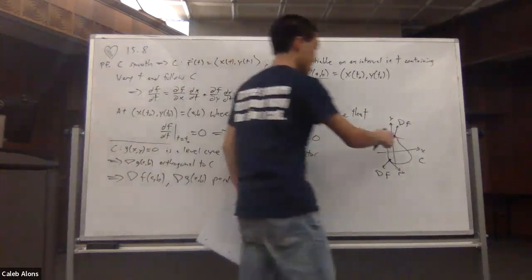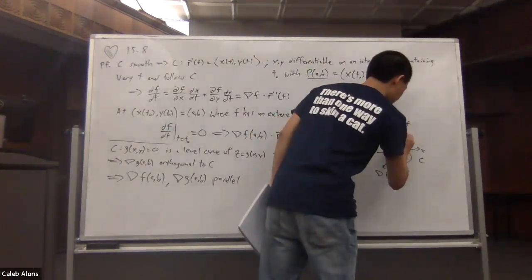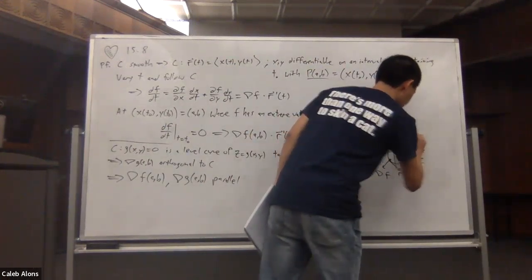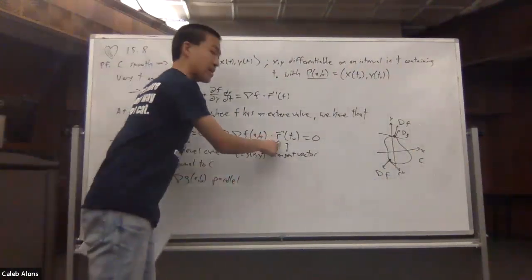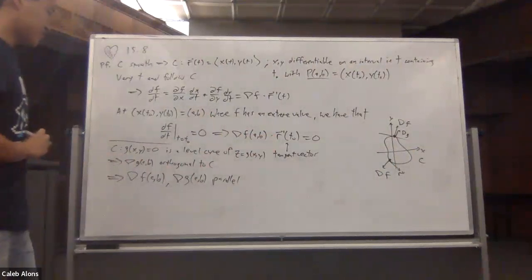If they're both, say, here, and that's the gradient of f, but then we take the other level curve, and that's the gradient of g, well, then they're in the same direction. If they're orthogonal to the same exact tangent vector, then they're going to be in the same direction.